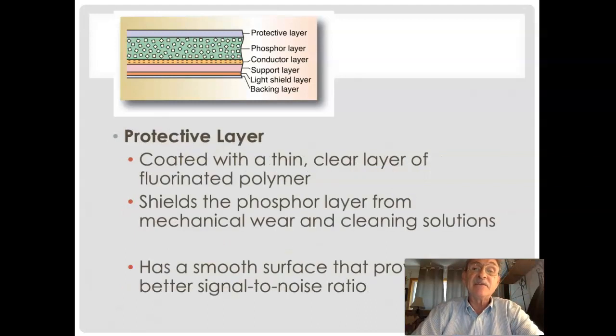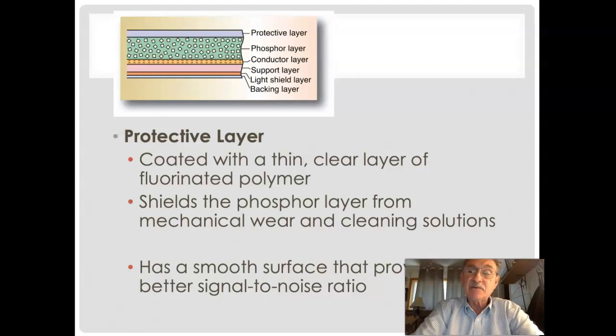And then finally, we talked about the protective layer, a thin, clear layer of fluorinated polymer, again plastic, that shields the phosphor layer from mechanical wear and cleaning solutions. Remember, I said that the image plate is going to be put into an image plate reader, and it will be mechanically driven through the reader and scanned.